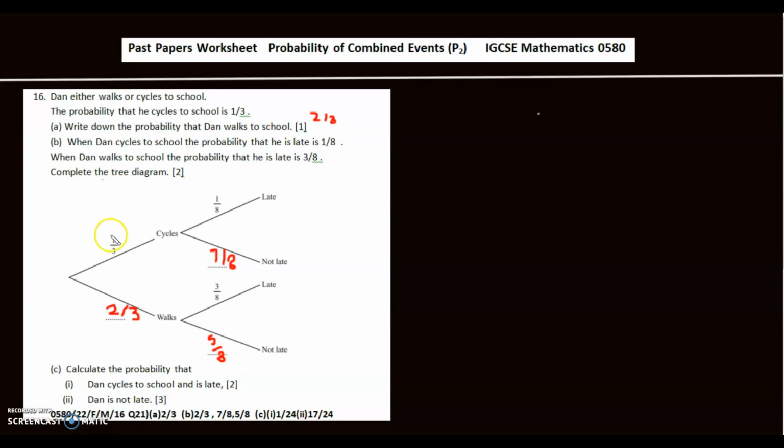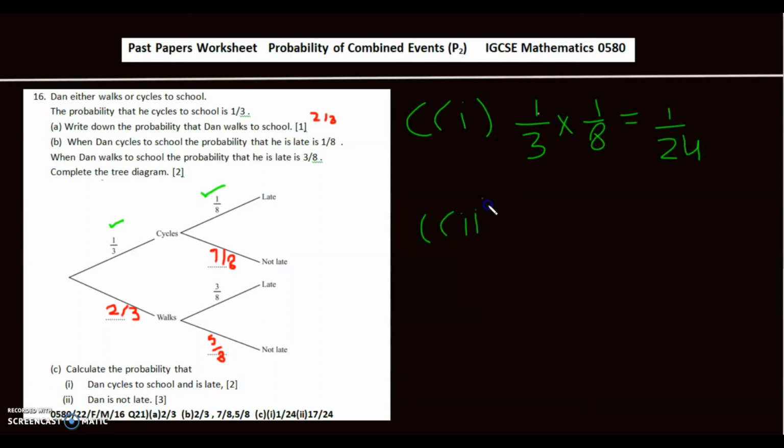So he cycles to school and is late. And means multiply. So for C1, the answer is simply 1 by 3 times 1 by 8, which is 1 upon 24. Okay, C2 says Dan is not late. So I have to find the probability that Dan is not late. So it's either this case that he's cycling and he's not late.